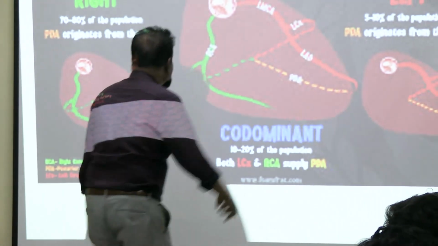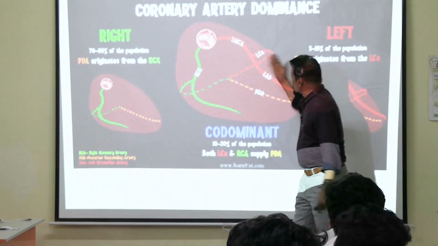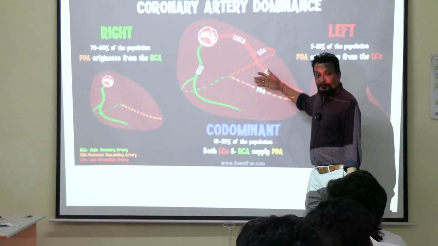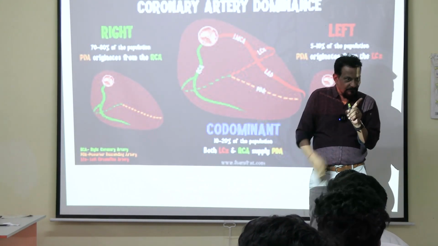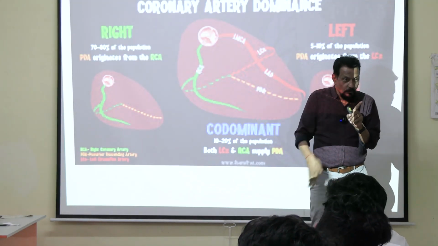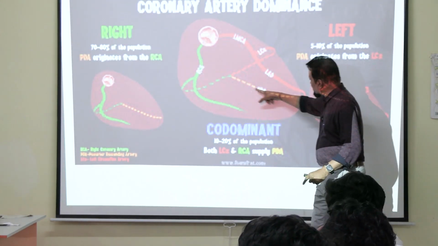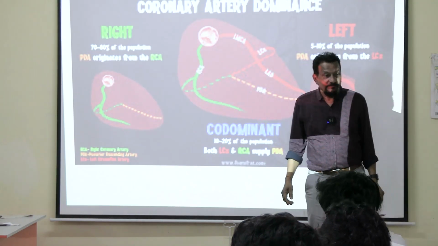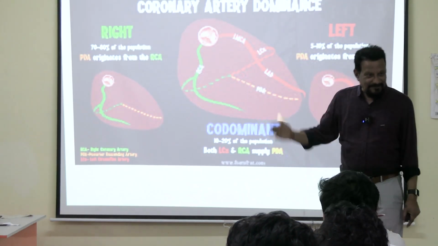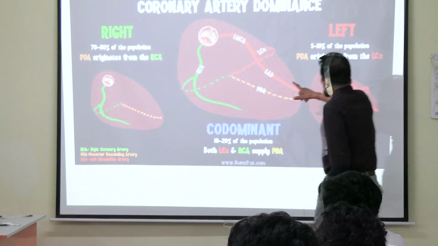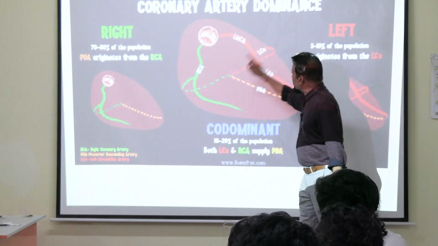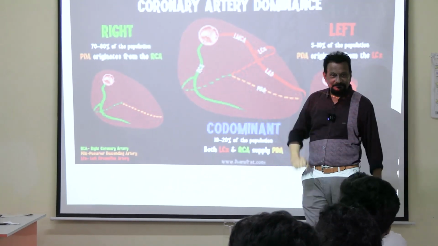What is this? This is at the posterior. In between both ventricles, there is a groove. One artery is passing through this: the PDA. See this, who is supplying this PDA, right or left?